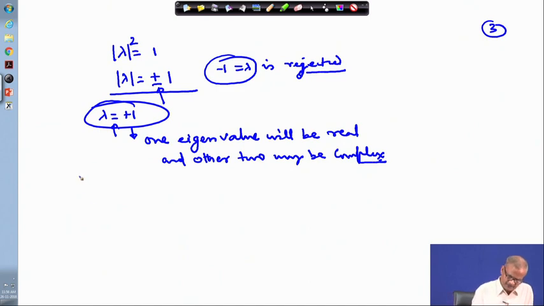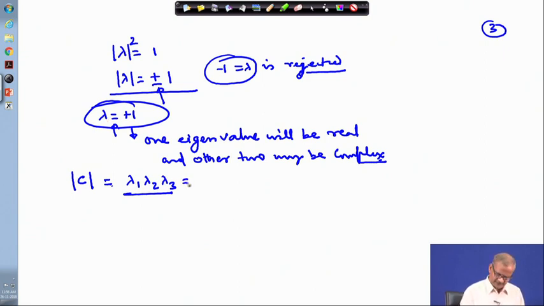If it so happens, we can use the property of the determinant of a matrix. Okay. The determinant of C will be equal to lambda 1 times lambda 2 times lambda 3, and already we have looked into that one of the eigenvalues is 1.